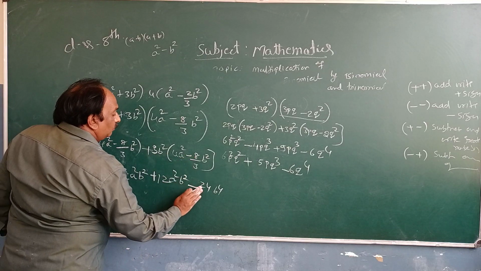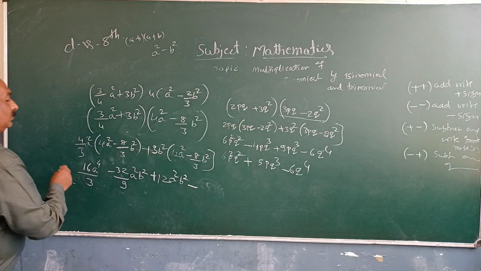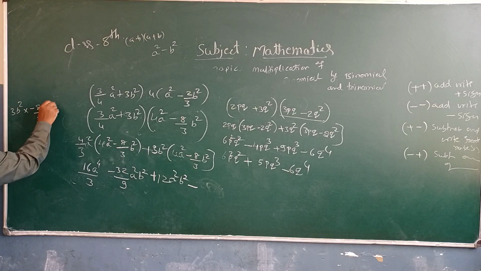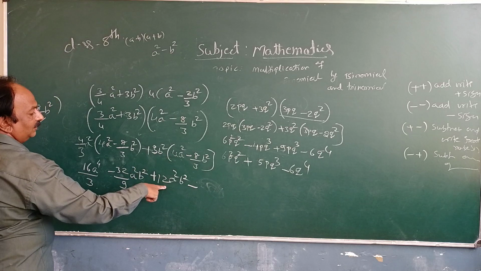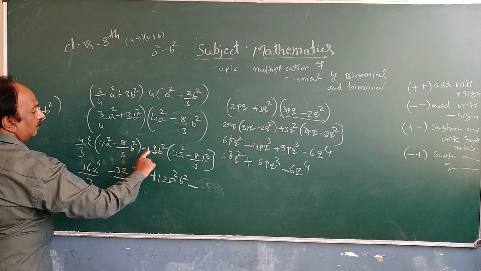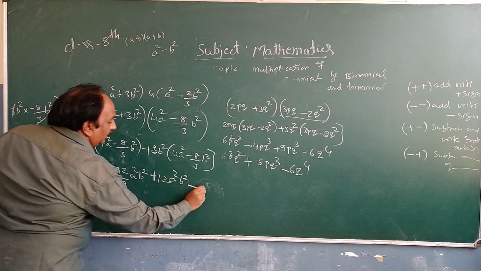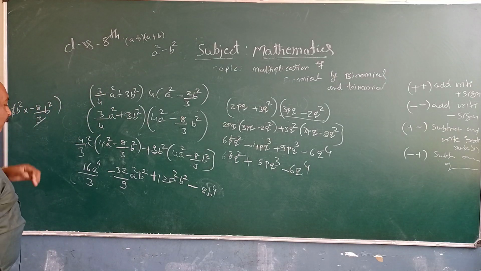So you may do it like this also. Multiplication: 3B square into minus 8 by 3B square. Here 3 and 3 cancel, because you multiply this one first, and next this one. That is 3B square into minus 8 by 3B square, 3 3 cancel, minus 8B to the power of 4.